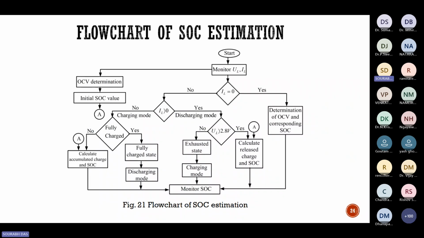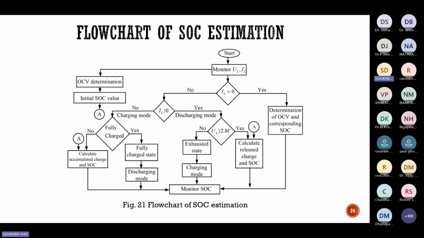In the discharging mode, the system checks whether the terminal voltage is greater than 2.8 volt or not. If it is greater than 2.8 volt, it calculates the charge released and updates the SOC accordingly. If the terminal voltage drops below 2.8 volt, then the battery is considered to be in the exhausted state and it switches to the charging mode to recharge the battery.